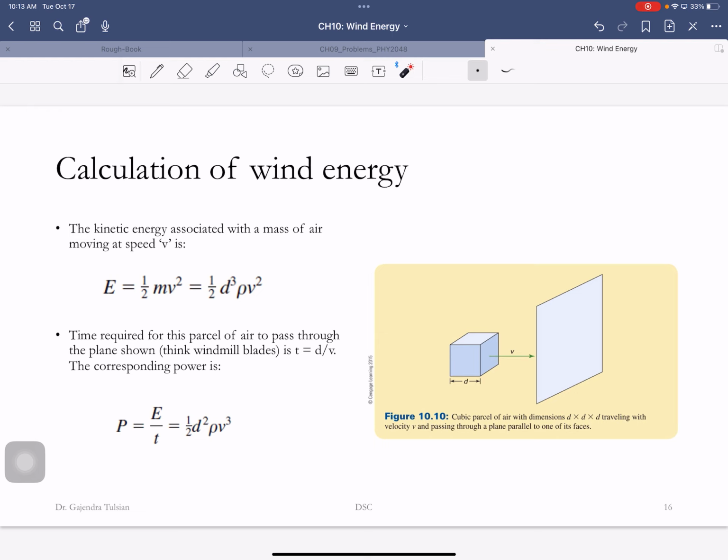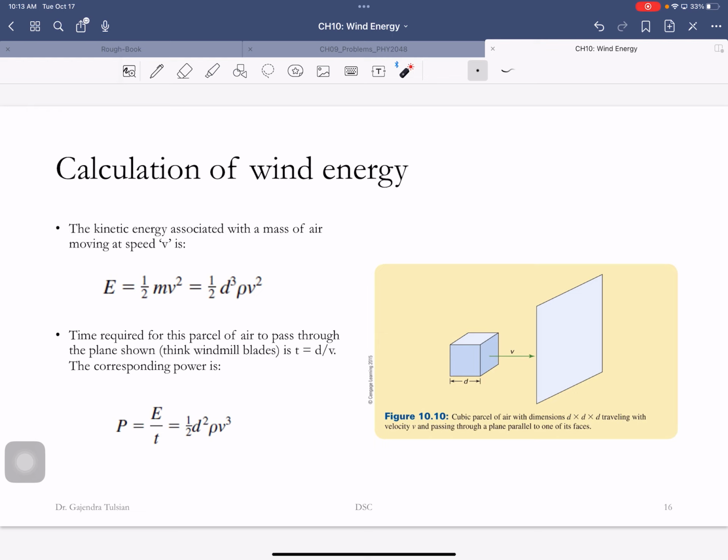All right, so here's a moving parcel of air. The energy content of that air is, and you don't have to follow this, I'm just going to quickly go over it, the volume of this packet, where d is the size, that's the volume of the cube, times the energy per unit volume. That is the energy of the entire packet.